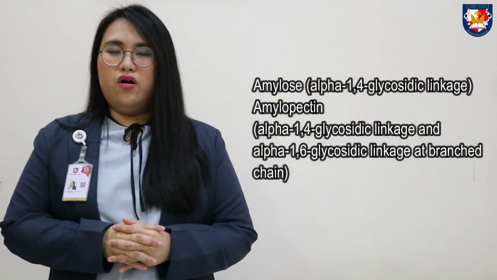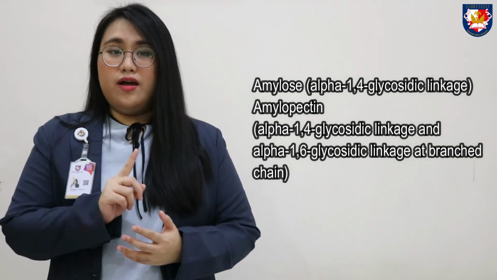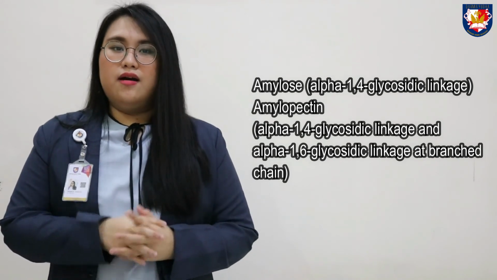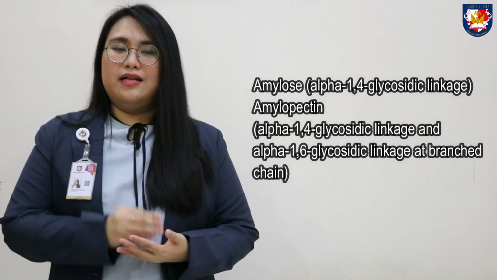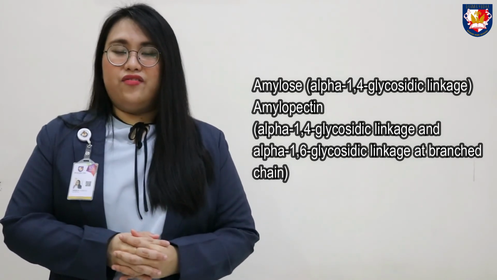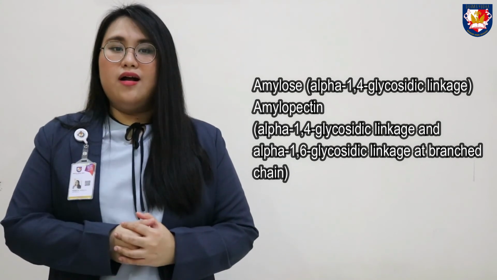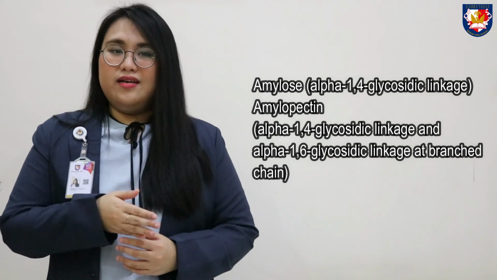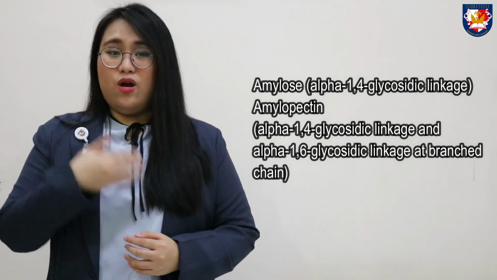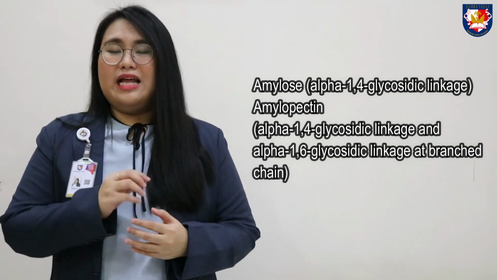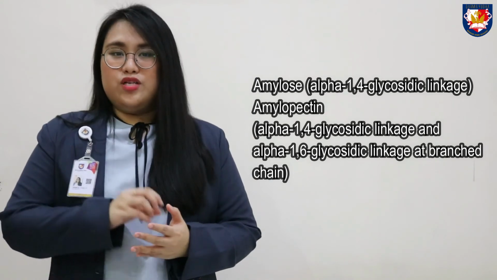The second one: amylose consists of one bonding, the alpha-1,4-glycosidic linkage. While amylopectin consists of two bondings: the alpha-1,4-glycosidic linkage, same as amylose, but the difference is it also has the alpha-1,6-glycosidic linkage at the branch point.